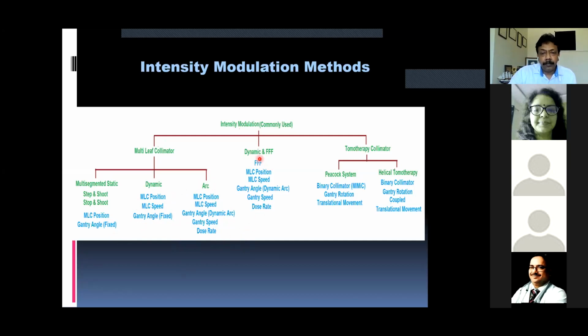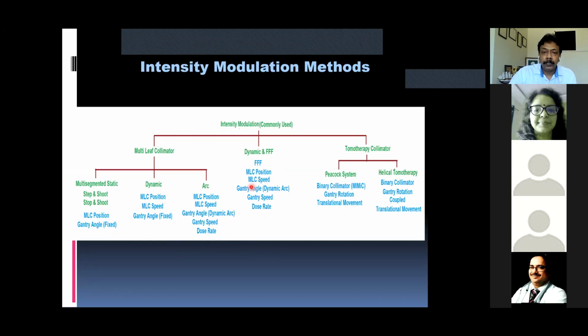In dynamic and triple F beams, the triple F itself already modulates the beam; MLC positions, MLC speed, gantry angle, gantry speed, and dose rate.